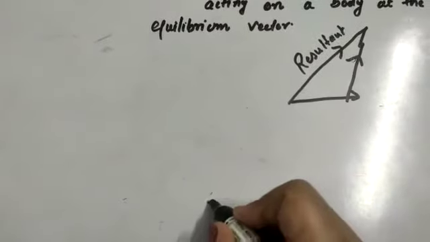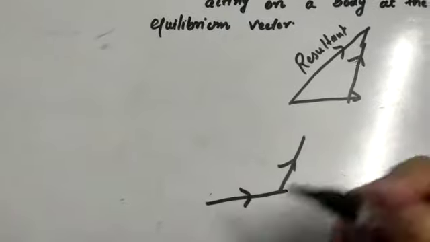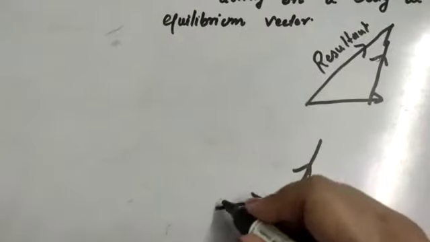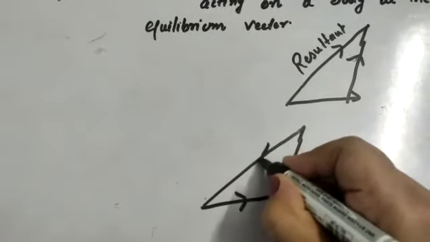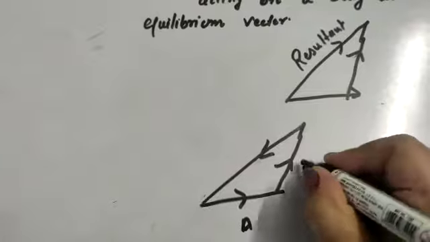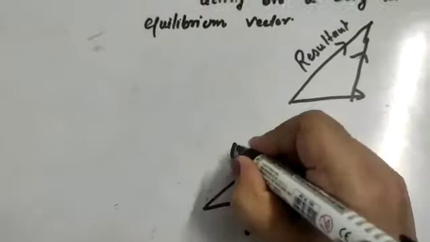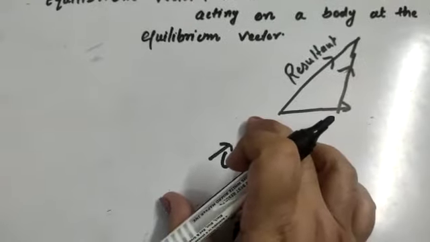So we can say, if we have two forces acting at some angle and the third side of a triangle taken in the same order, that this is vector A, this is vector B and this is vector C, then that vector C is known as the equilibrium vector.